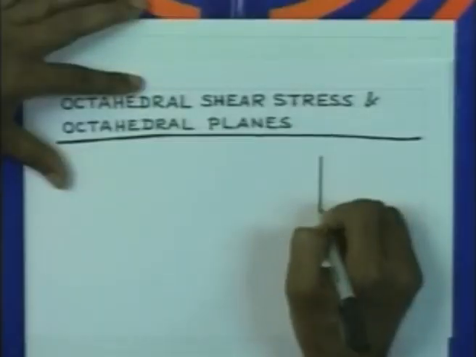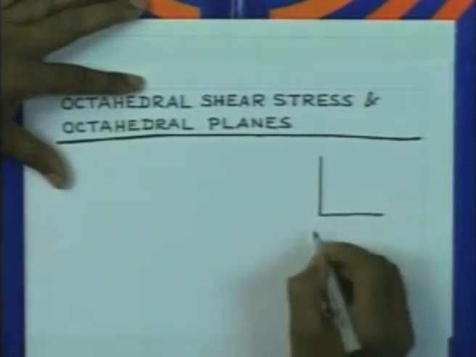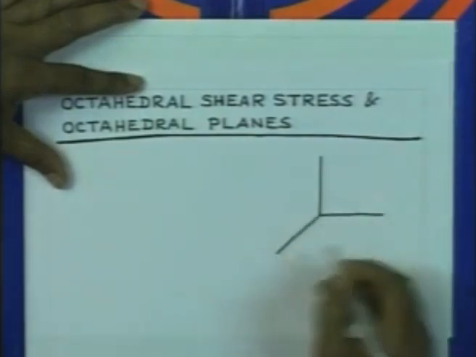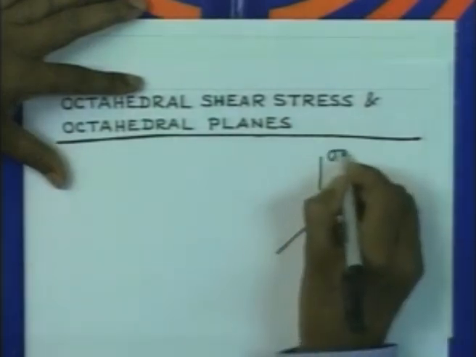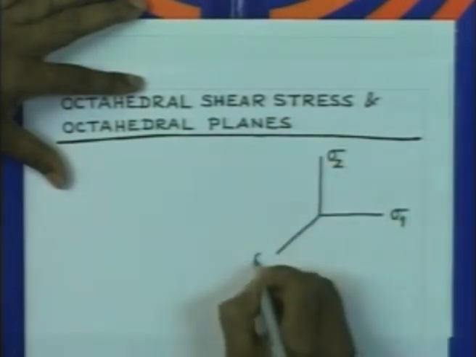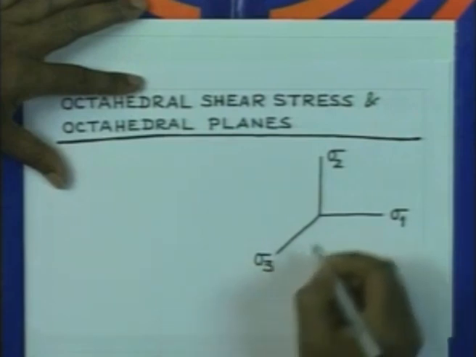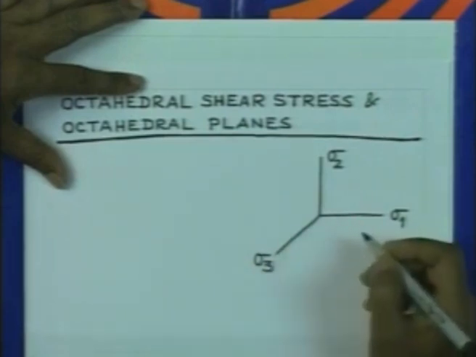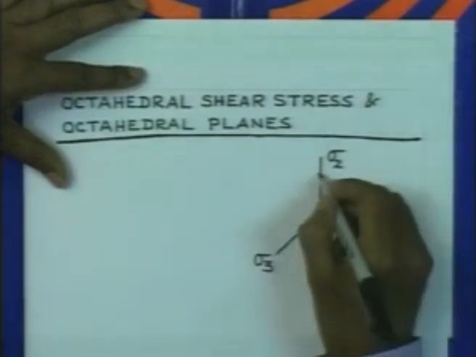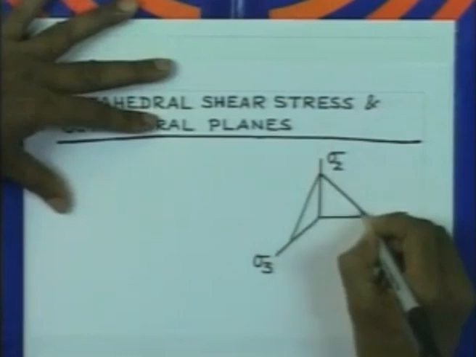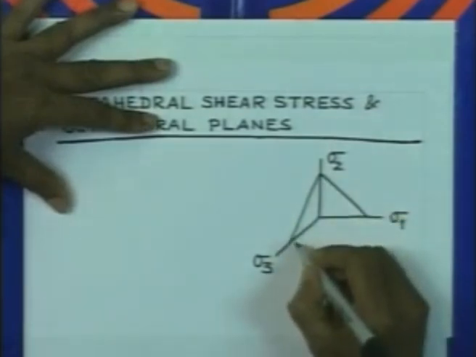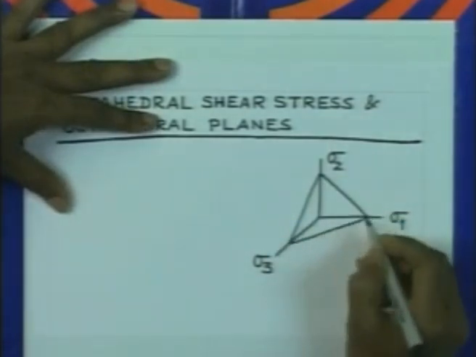Again at a point we will have the three principal directions. So, with those as the reference directions, we consider a plane which is equally inclined to all the three principal directions.